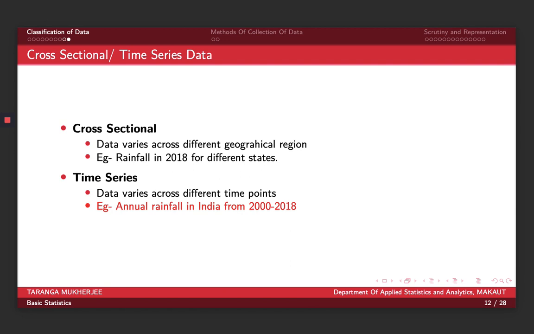This also varies over time. Before we had a lot of rainfall, but after certain geographical changes or global warming, the amount of rainfall is decreasing over the period. So annual rainfall in India can definitely be regarded as a time series data.